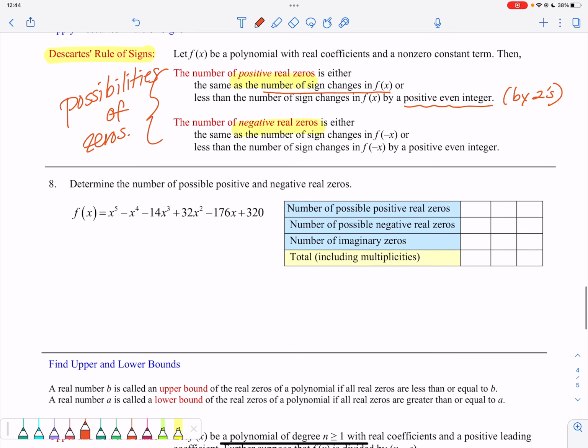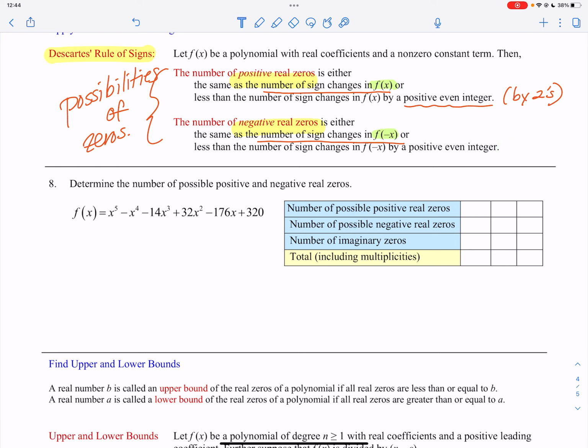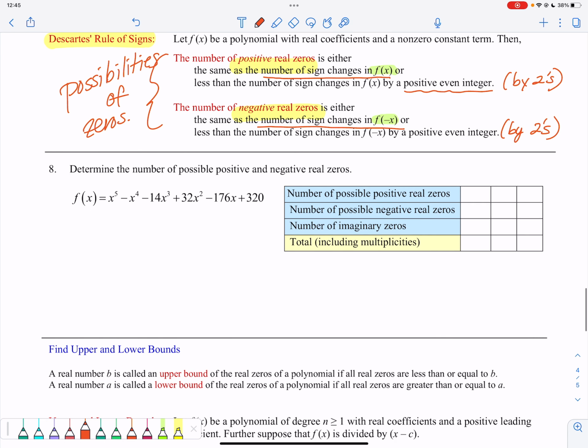And the negative real zeros are the number of sign changes in f of negative x. And then we will also go down by 2's from that main number.